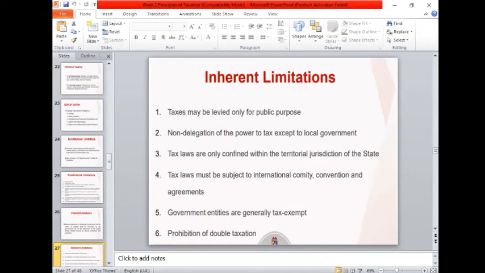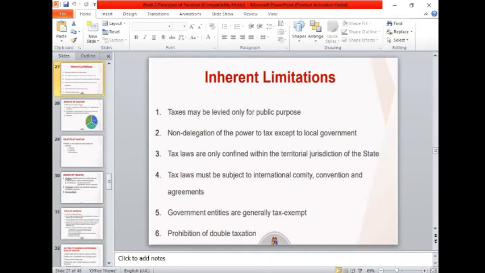Tax laws must be subject to international comity, conventions, and agreements. That's why we have the following reciprocities. Government entities are exempted from the tax, and there is no provision of double taxation. But in case the taxpayers may claim double taxation, then the government shall return it.